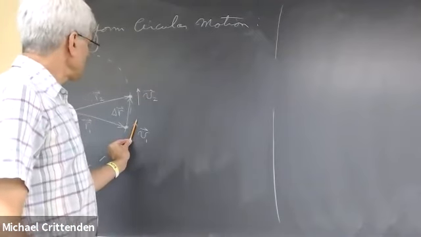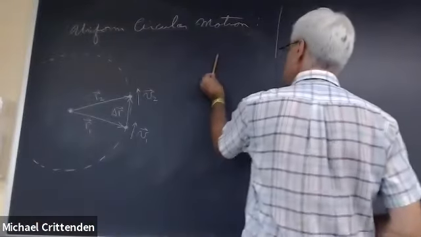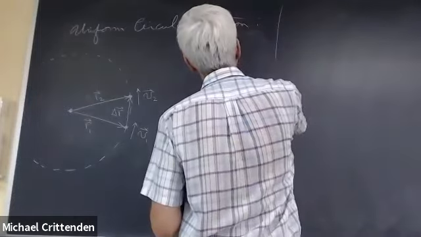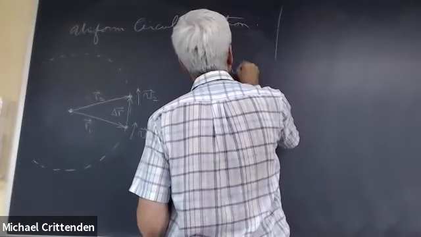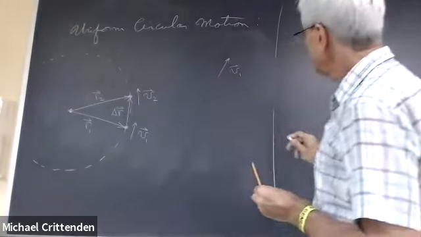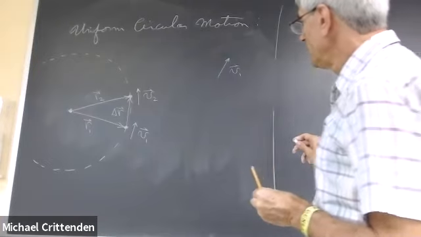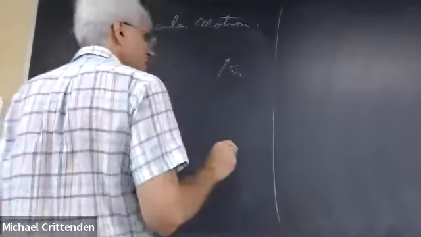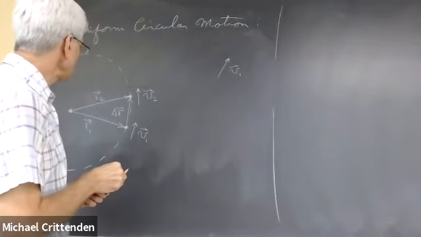Let's take V1 and go over there like that. And that may have come out a little longer than it was before, and maybe a little steeper, but that's what happens when you just make freehand sketches of things.